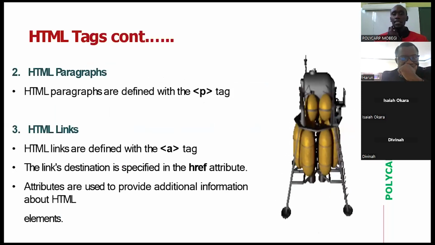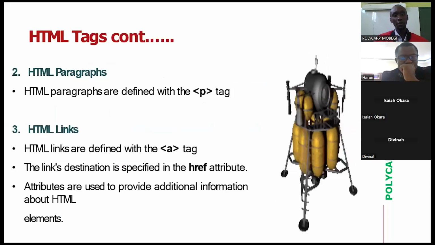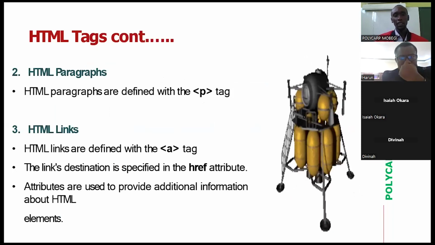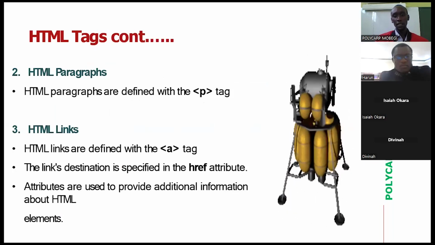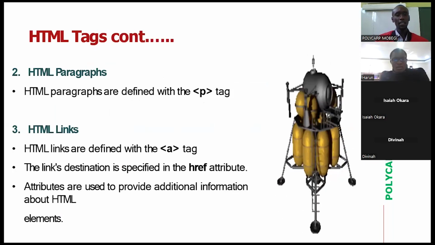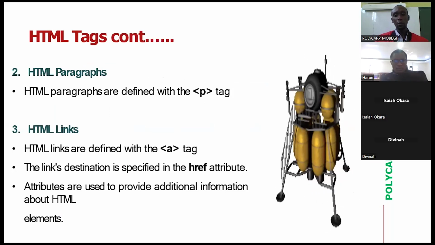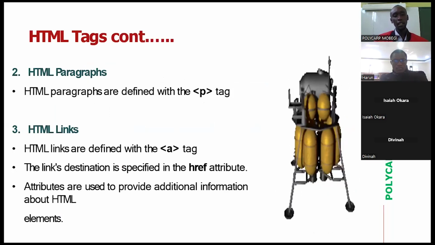Now let's look at the HTML paragraphs. The HTML paragraph is defined with a p tag. Any moment in HTML you see a p tag, it defines an HTML paragraph. I'm going to give you an example to show the same. Let's combine it with the HTML links.